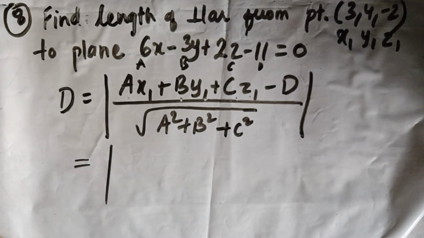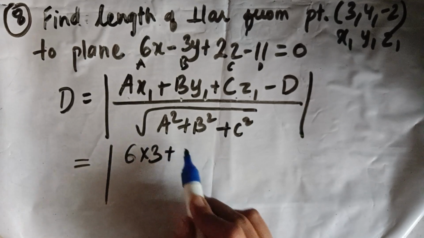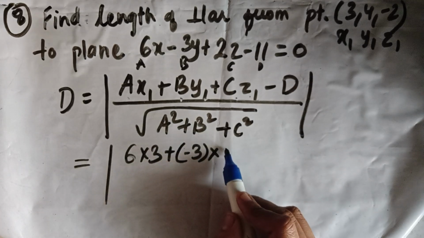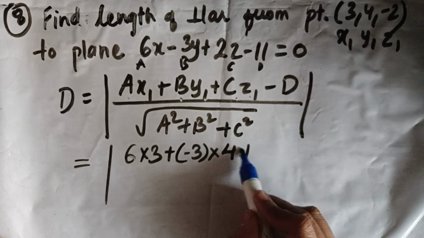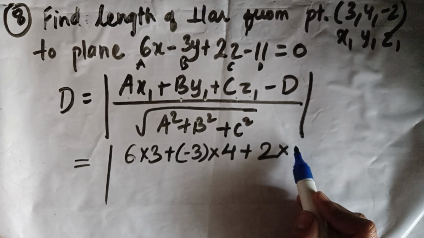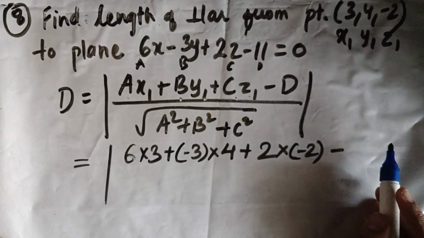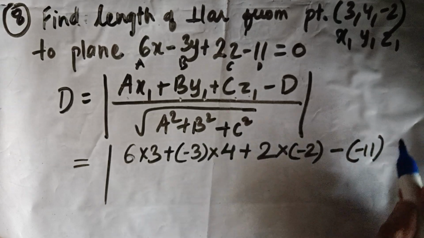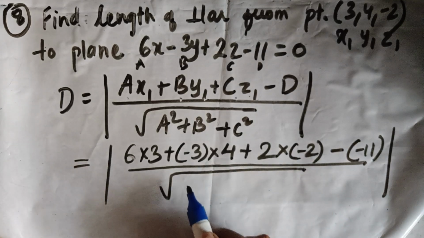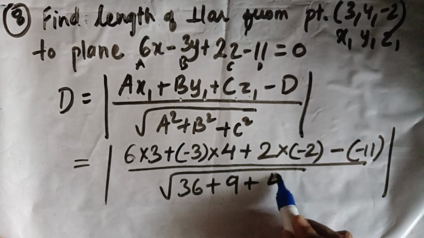Okay. So we'll write 6 into 3 plus minus 3 into y1 4 plus 2 into minus 2 minus d, our 11, minus 11. So a square, b square and c square.